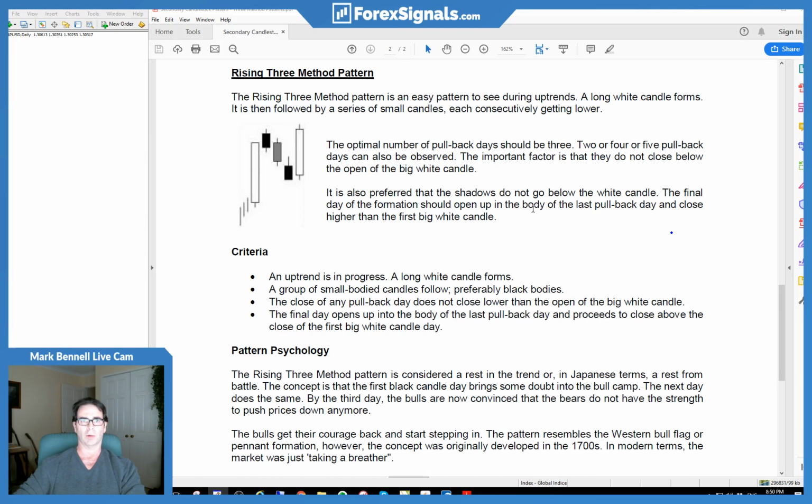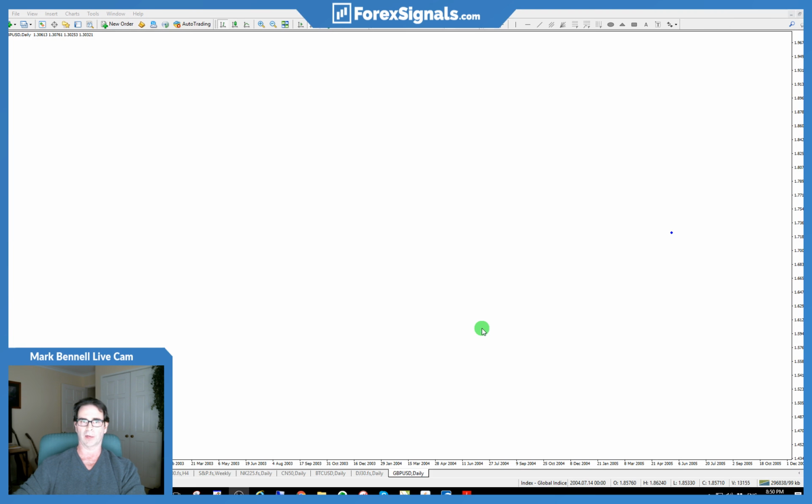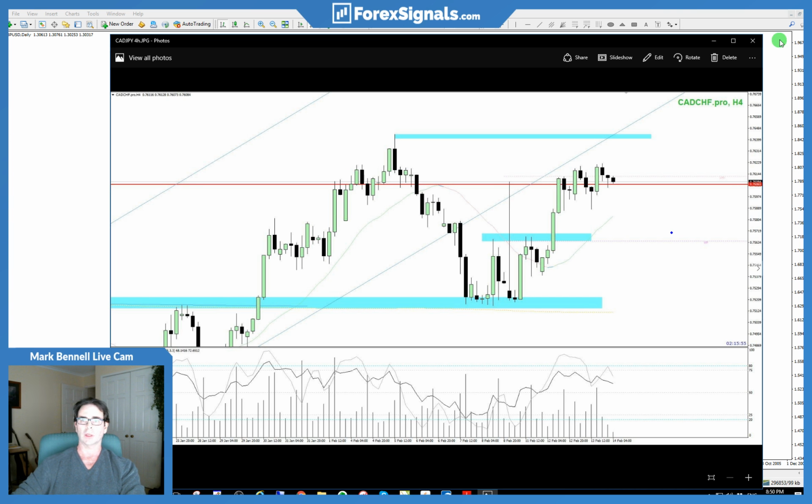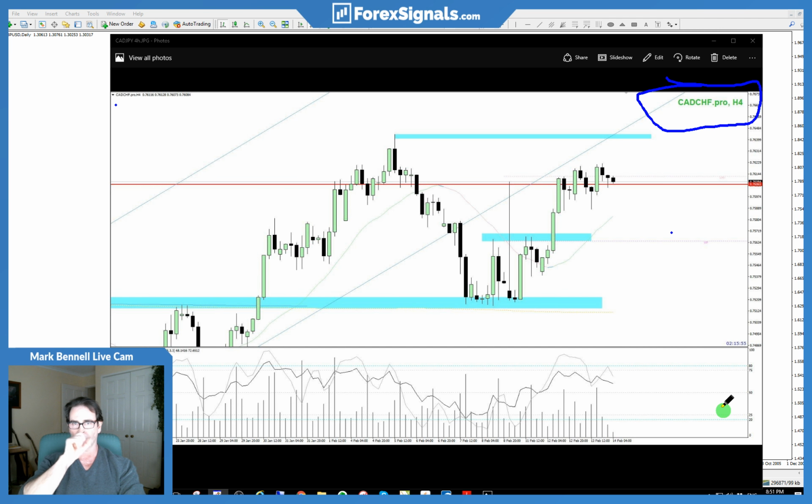All right, so let's have a look at some examples. And let's even go back, and if we can, we'll have a look at how some of these are formed. So we've had the textbook version. Let's have a look at real life. So real life here is CAD Swiss 4 hour. So any time frame.